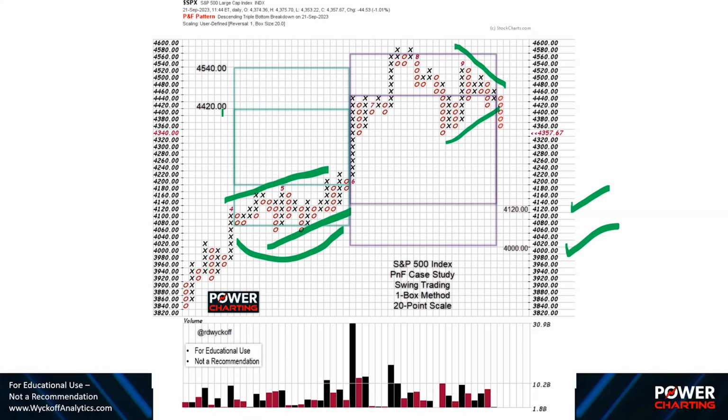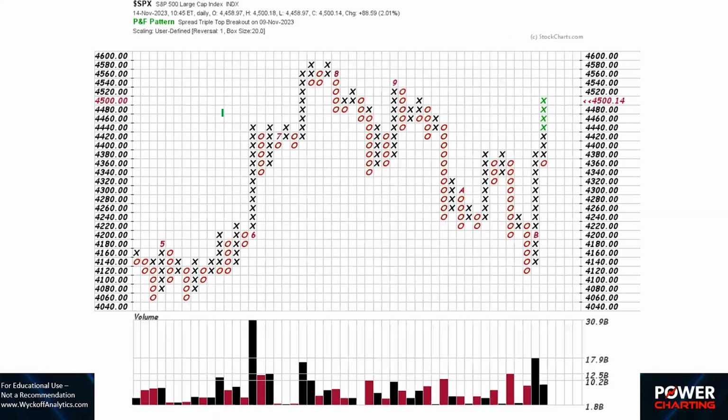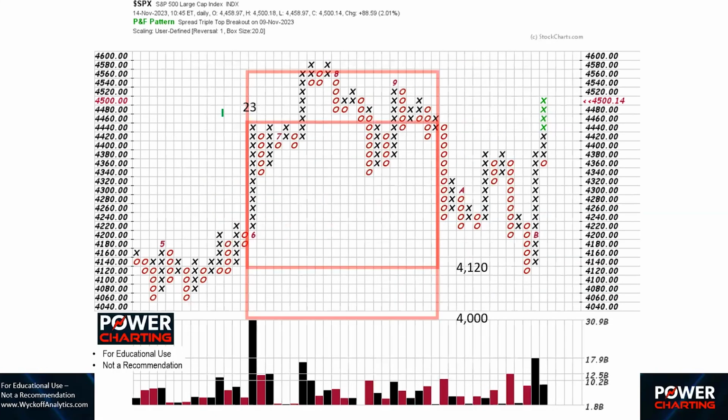Now, what we really want to do is bring this up to date. And here is this chart through today, the 14th of November. And the same count that you just saw, 4120 to 4,000. We said last week when we showed the decline into the fulfillment of this count here that it was fulfilling the minimum objective and then turning off of that, which has sort of the characteristics of a spring there and reversal.